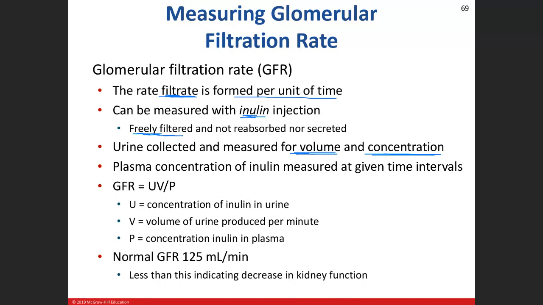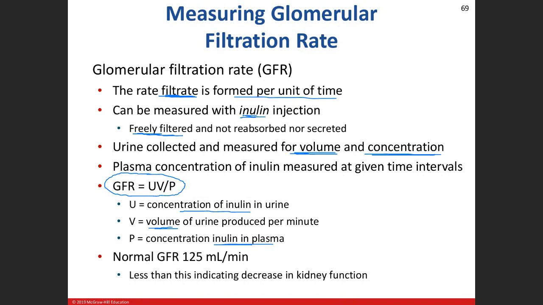So the equation for glomerular filtration rate is going to be the concentration of inulin in your urine, so what you're peeing out, multiplied by how much you're producing, and then divided by the value of inulin in the plasma. Essentially, when you receive the injection, we're going to compare how much inulin is actually in your blood to how much you've peed out over a specific period of time.